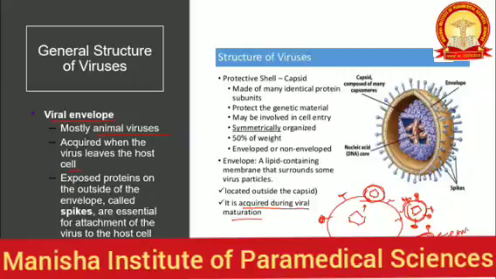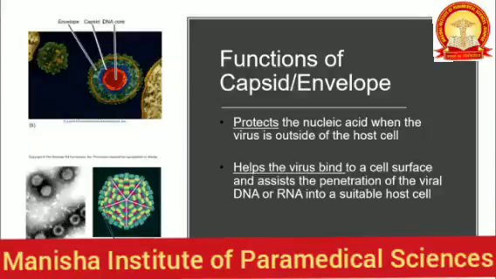The envelope outside may or may not contain spikes, but it is mostly made during maturation, that means while the virus is coming out of the host. And it facilitates this virus to attack another healthy host. And the spikes help this virus to specifically bind to its target tissue and infect it.